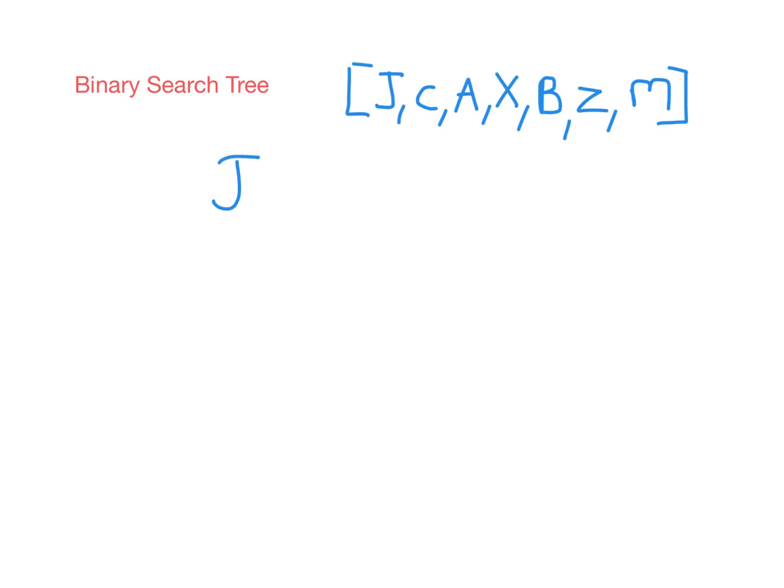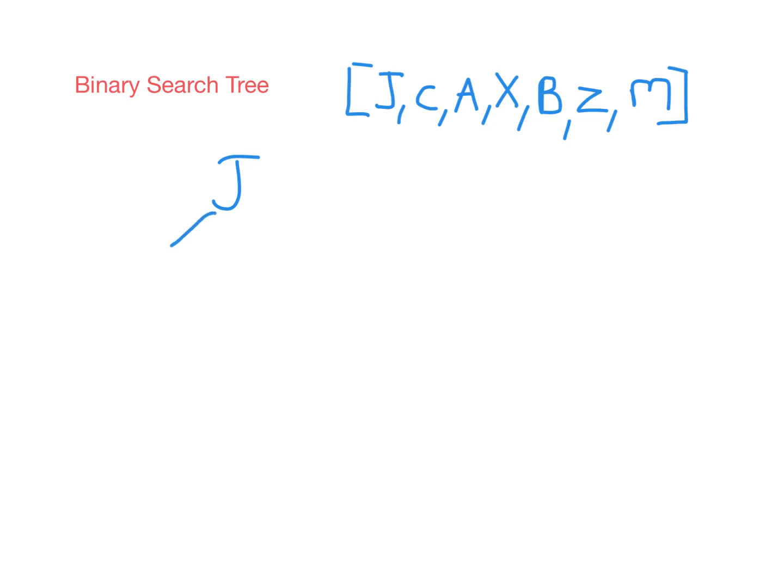So the rule for binary search trees is each node, in this case J is a node, it can have at most one left child and one right child. Left childs have smaller value, right childs have larger value. So when I want to put in C, it would have smaller value. Here we're just putting things in alphabetical order. So J is the 10th letter, C is the 3rd letter.